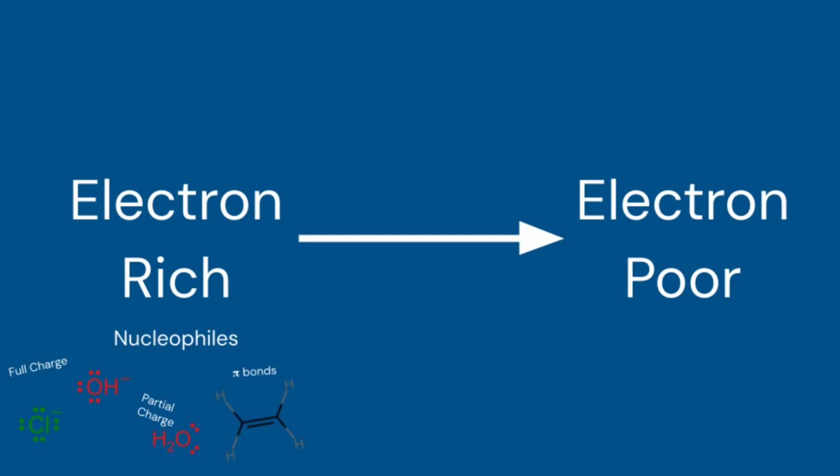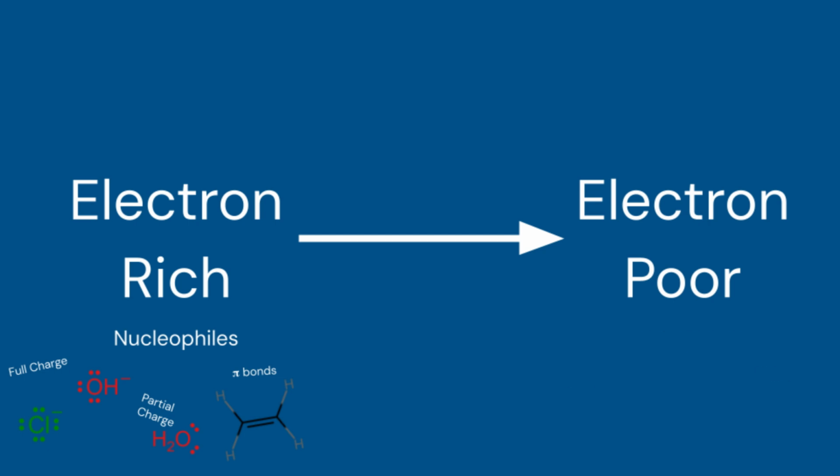Now we can add in our nucleophiles, which are an example of an electron-rich site. A nucleophile is an atom or a molecule that has an abundance of electrons. This is usually showcased by a full or partial charge on the atom or molecule, but the abundance of electrons can also originate from pi bonds.